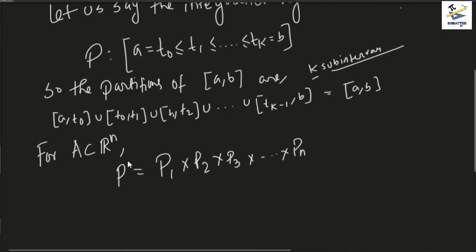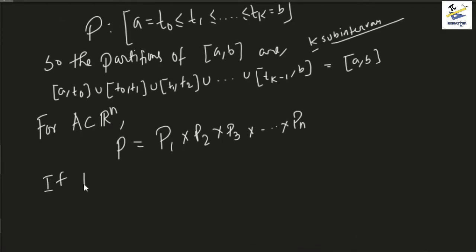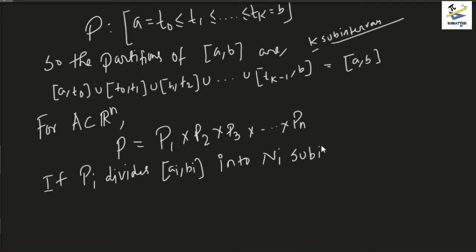Basically, if Pi divides small ai, small bi into ni subintervals, then we can say the subintervals are t_{i-1} to t_i. Let these be the subintervals, for i equals 1 to n, for P1.